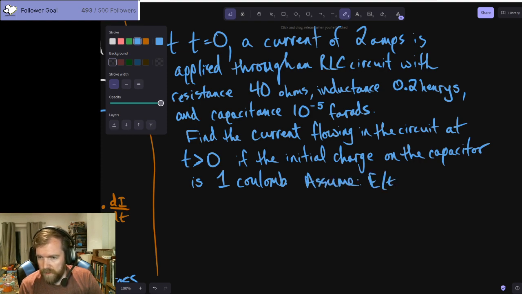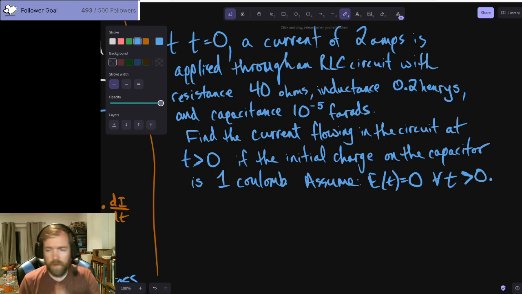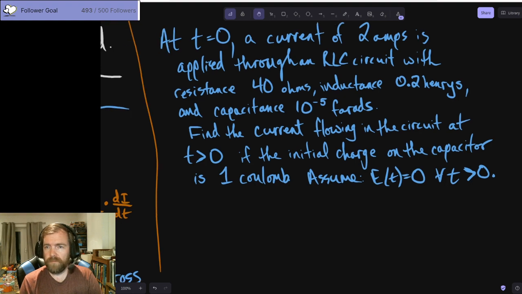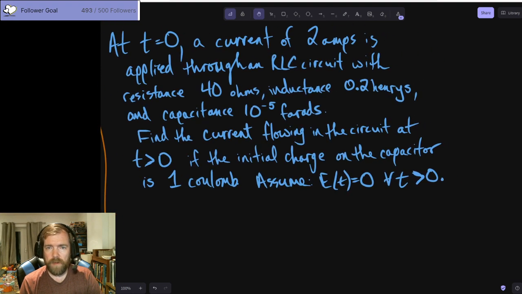Assume that E of t is going to be equal to 0 for all t greater than 0. Alrighty. Discuss.